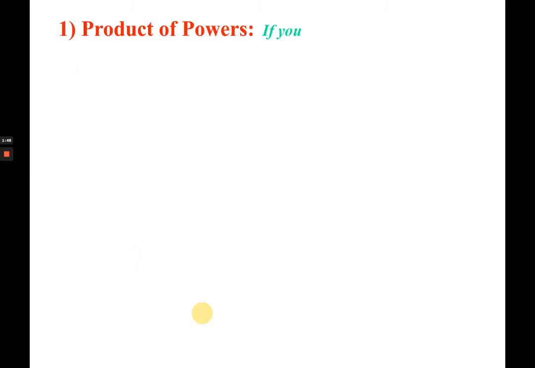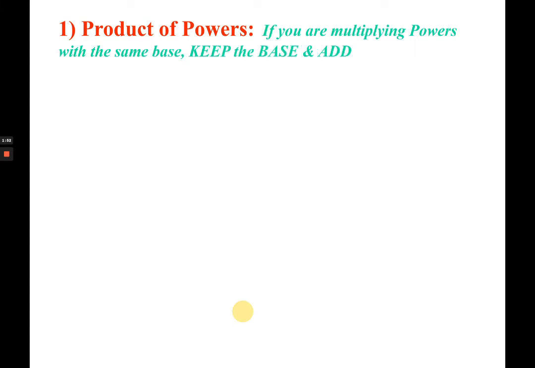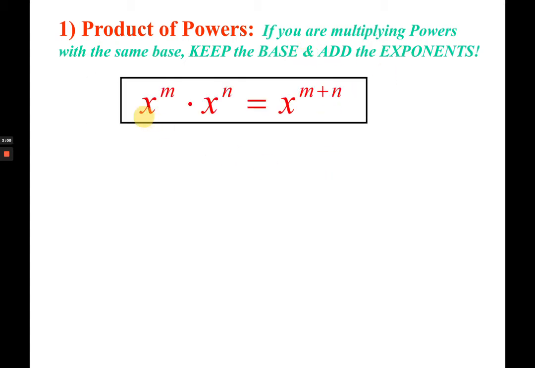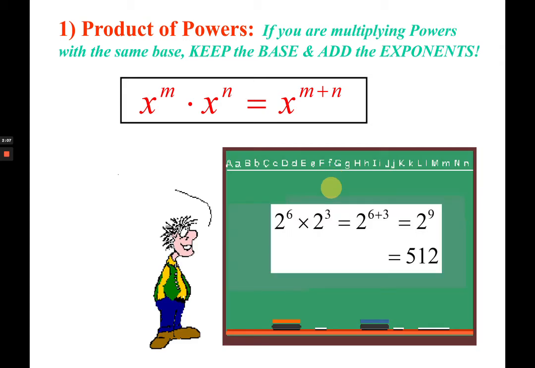The product of powers. If you are multiplying powers with the same base, keep the base and add the exponents. Here is your guide. You have x to the power of m times x to the power of n. You just keep the base and add your exponents. Example, you have here 2 to the power of 6 times 2 to the power of 3.